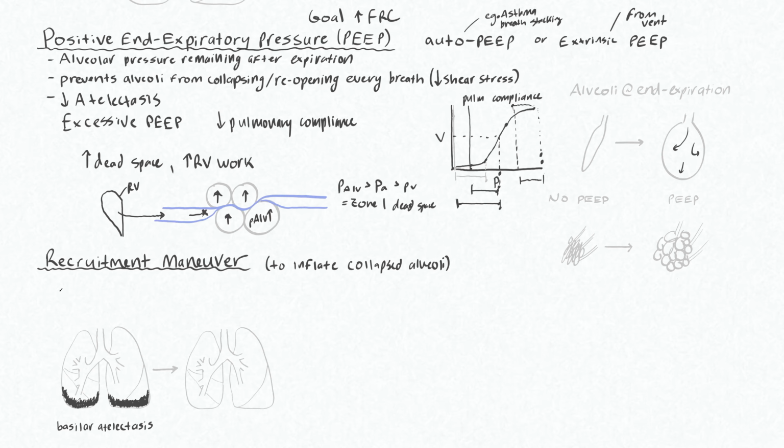There are many ways to do this, but I think the simplest is 30 for 30 to 40 centimeters of water. Hold for 30 seconds. So basically to do this, you would just put the vent on manual spontaneous with the APL at whatever pressure you're trying to target here and leave it there for 30 seconds.